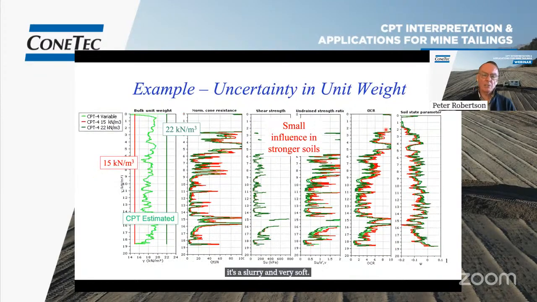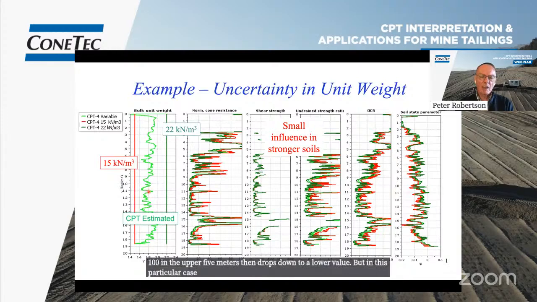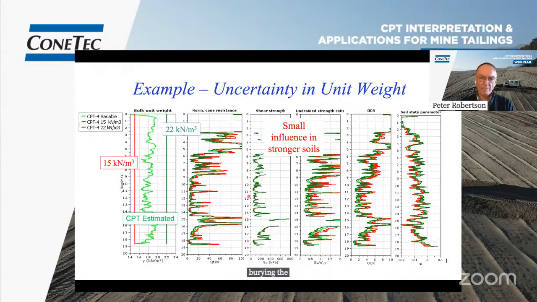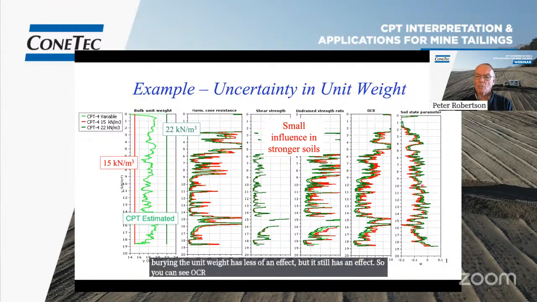Now, of course, when you get into denser materials, and here's a sort of variable tailing, you can see the normalized cone resistance is up around 80 to 100 in the upper 5 meters, then drops down to a lower value. But in this particular case, you can see that varying the unit weight has less of an effect, but it still has an effect. So you can see OCR and state parameter on the right-hand side.